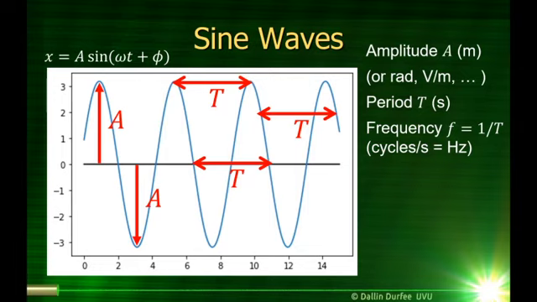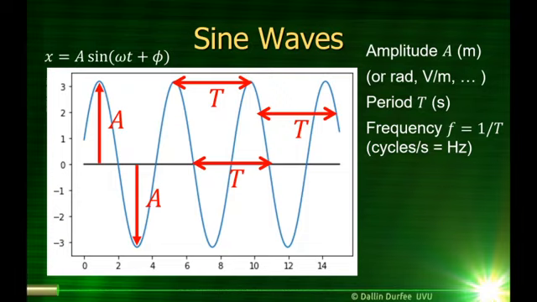If the period is 2 seconds, it takes 2 seconds for the motion to repeat. That's 2 seconds per cycle, or 0.5 cycles per second. So the frequency would be 0.5 per second, or 0.5 hertz. If the period was a quarter of a second, then that would be 4 cycles per second. So the frequency would be 4 hertz.